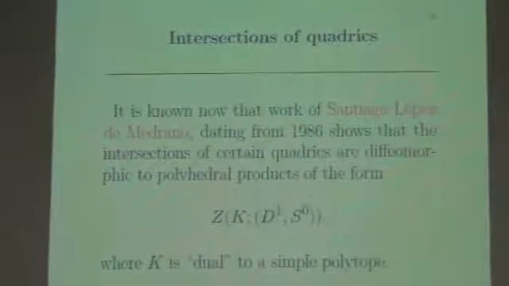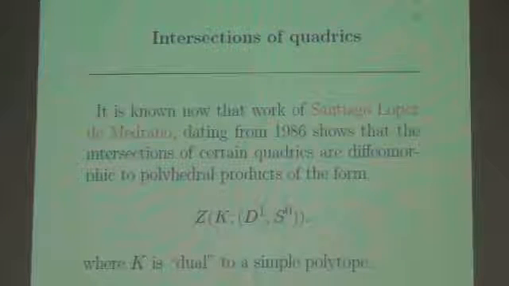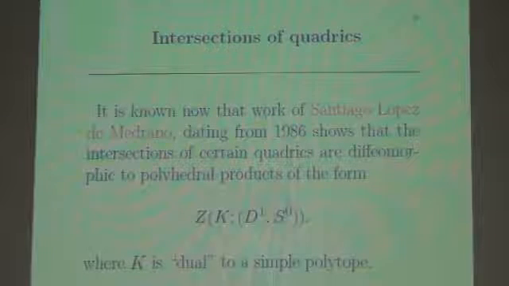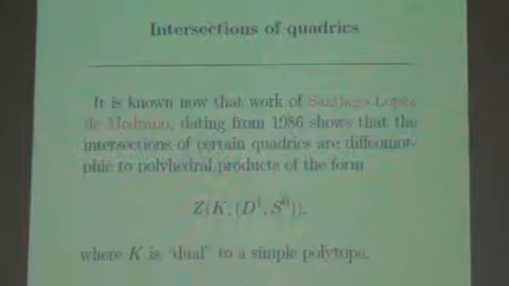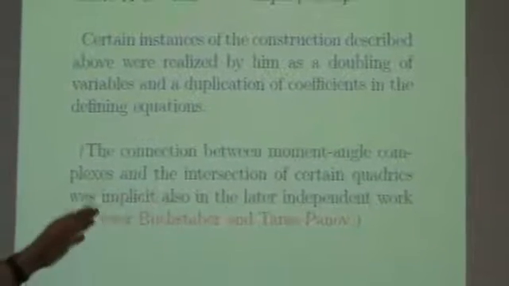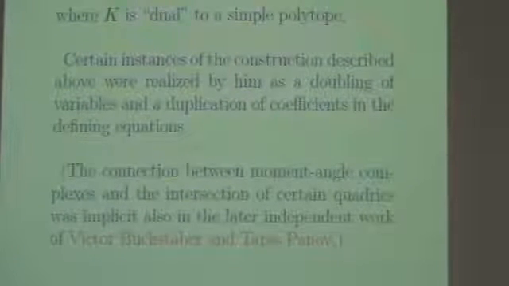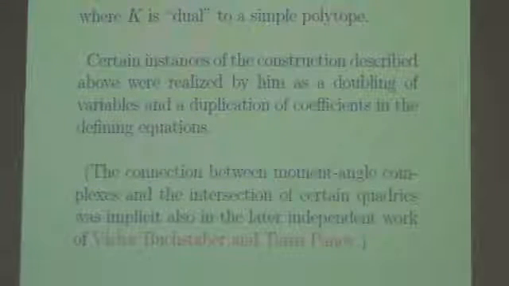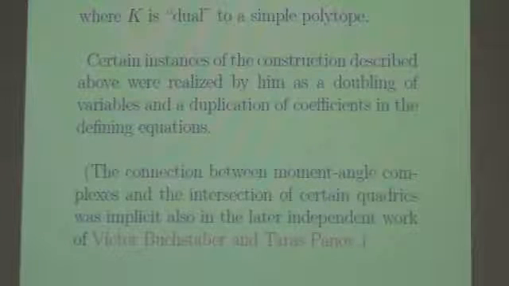Now I just pointed out here that for years Santiago Lopez de Medrano was working on intersections of quadrics, complex and real quadrics. And he was speaking to my colleague Sam Gitler, and they realized that these were these moment angle complexes. And in fact, the connection between moment angle complexes and the intersection of certain quadrics is implicit in later work of Buchstaber and Panov, but that came much after Santiago Lopez de Medrano, although it is implicit in their work, and then in a recent paper they make it explicit.